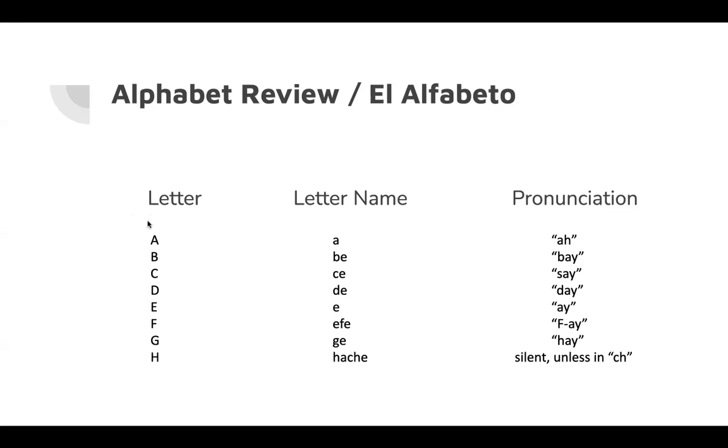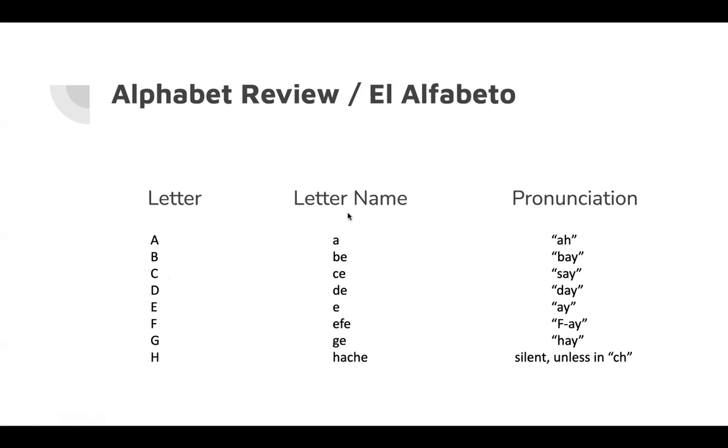Just like the English alphabet, we start with A, and the letter name is how you'd write it out if they asked for the letter name. The letter A, the letter name is A, and it's pronounced like ah. The letter B, the letter name is Bay, and it's pronounced the same way, Bay. C is pronounced say, just like the English word.